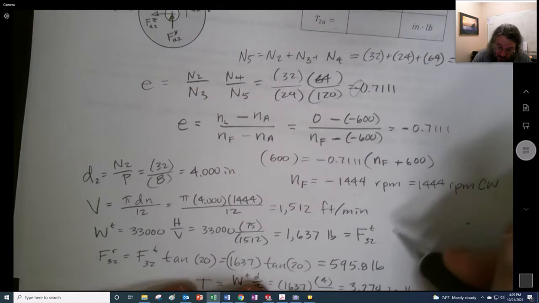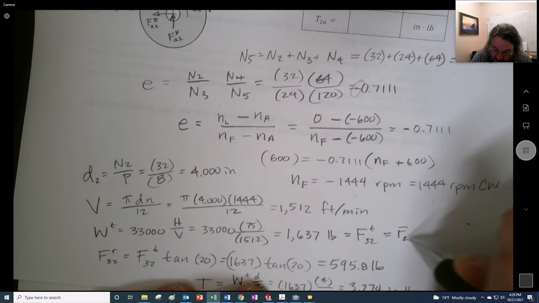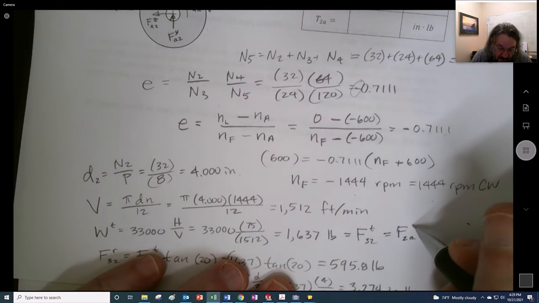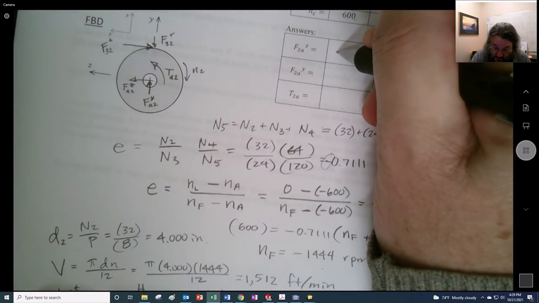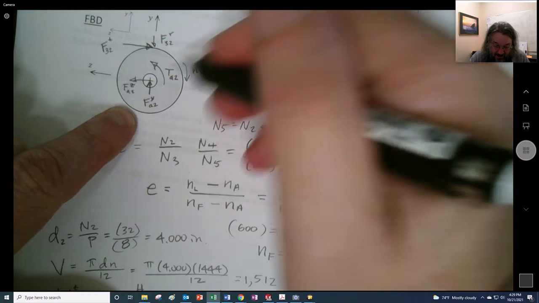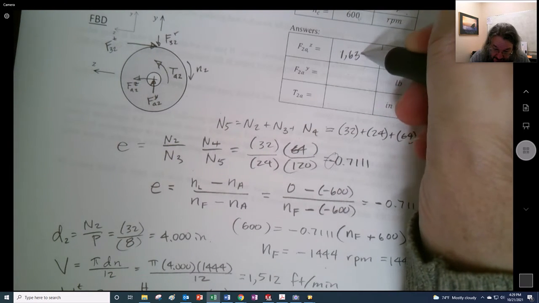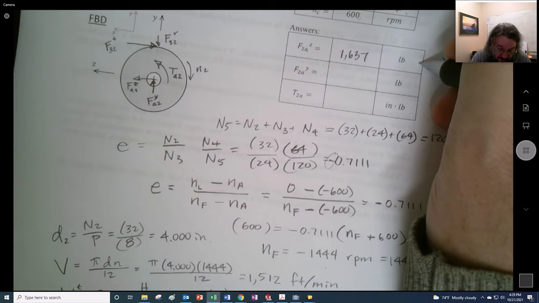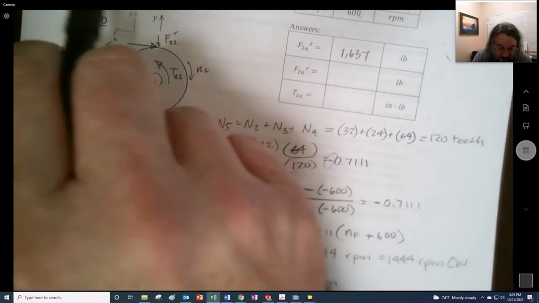We also know that this is going to be equal to the force of 2 onto A in the Z direction, right? Remember this is going to be opposite from this. 1,637, and this is because we're determining the forces and torque gear 2 exerts on the shaft.